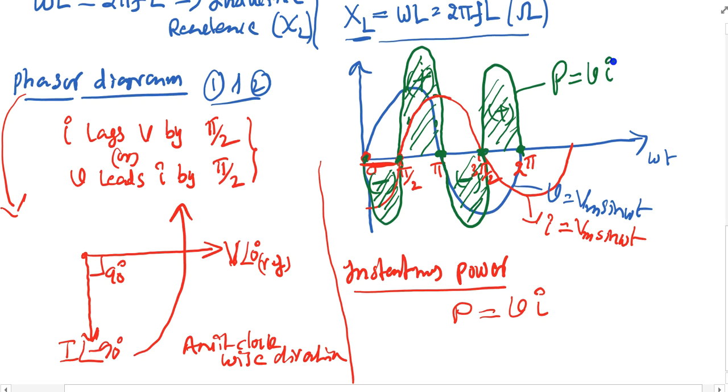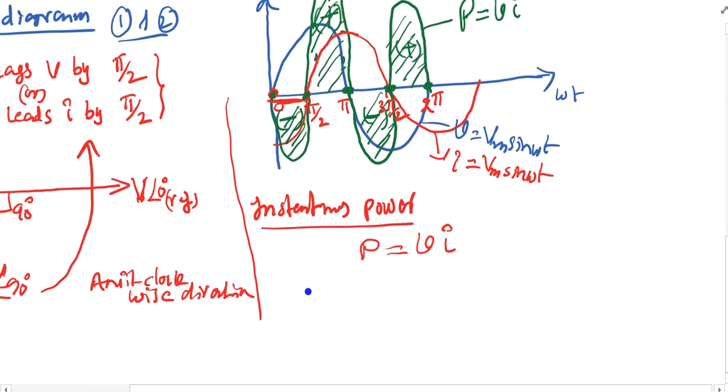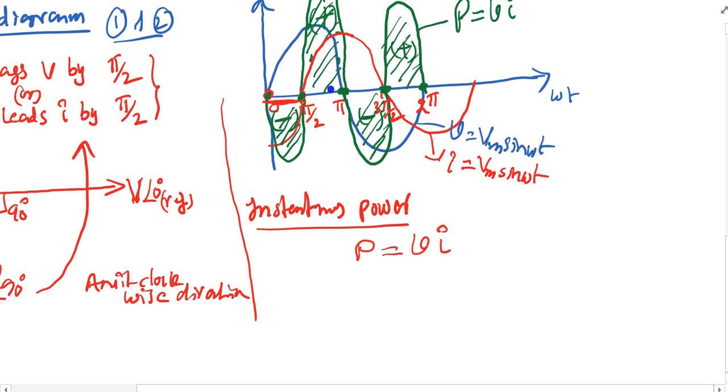So I will derive this instantaneous power mathematically. P is equal to Vm sin omega t and Im sin(omega t minus pi by 2).